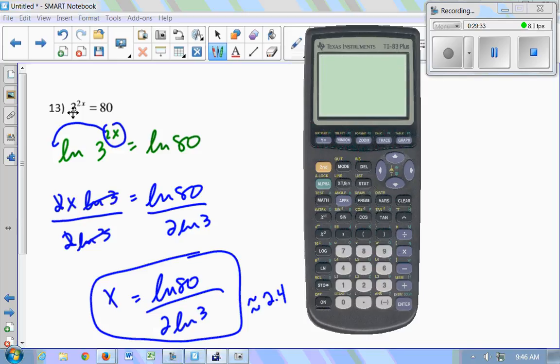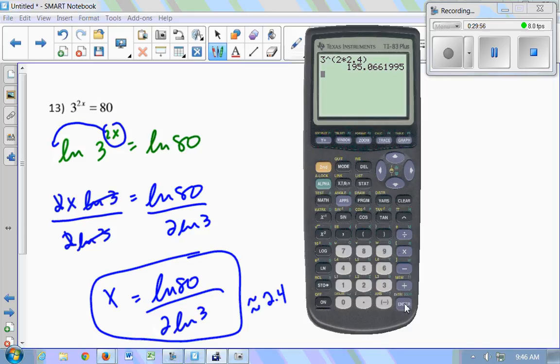So 3 to the 2x should give me 80. So 3 raised to the 2 times 2.4, right? Because 2.4 is x. This should give me close to 80, right? Because I'm not using the exact answer, but 2.4 is close to the exact answer. So that is wrong.